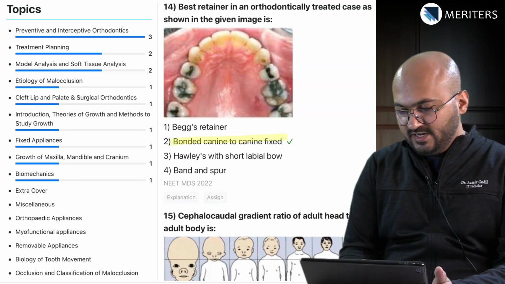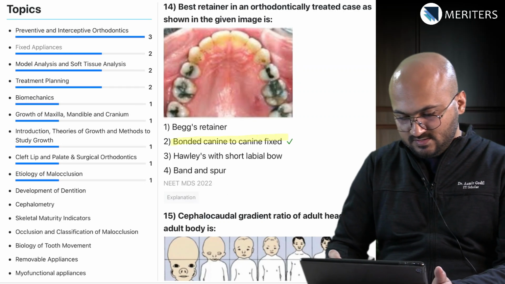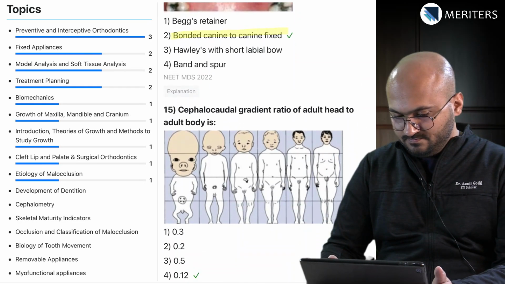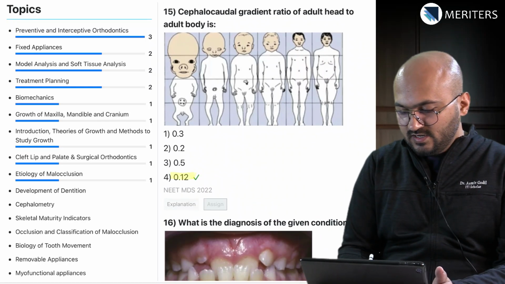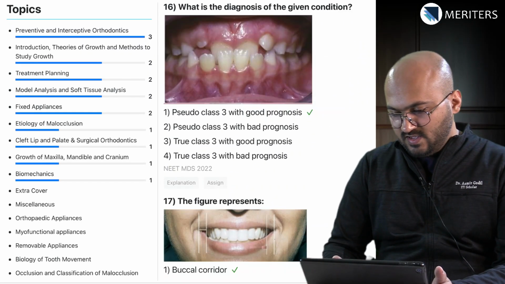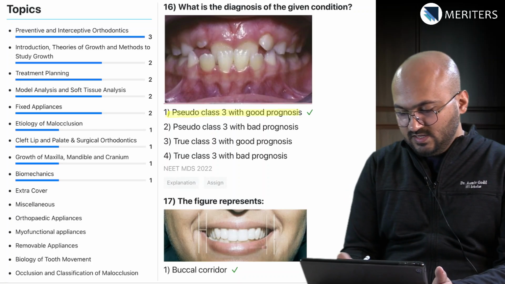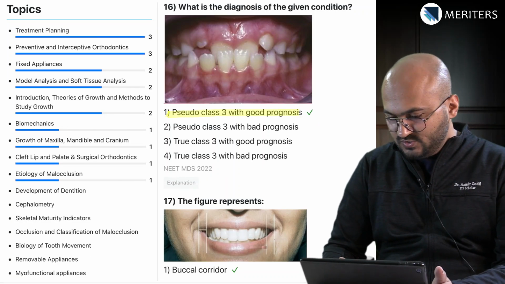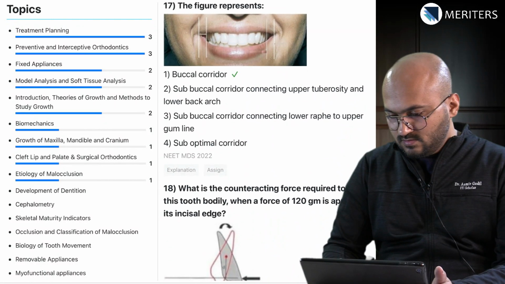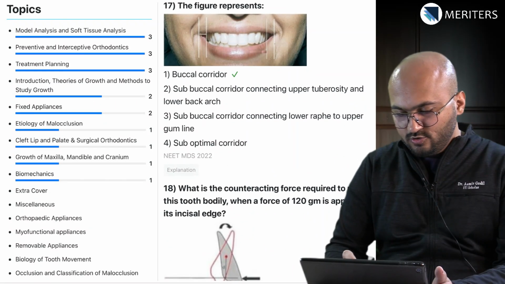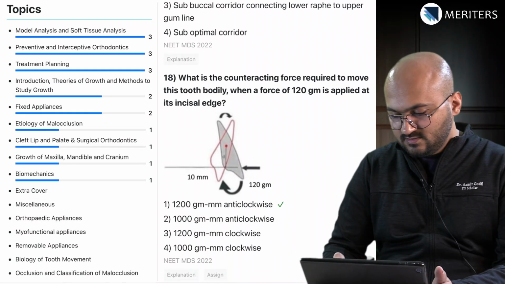Then a choice of retainer in a given case, fixed retainer. This is a typical cephalocaudal gradient of growth. Then we have a class 3 image, so treatment planning. Right, then we have an image of the buccal corridor, which is soft tissue analysis.